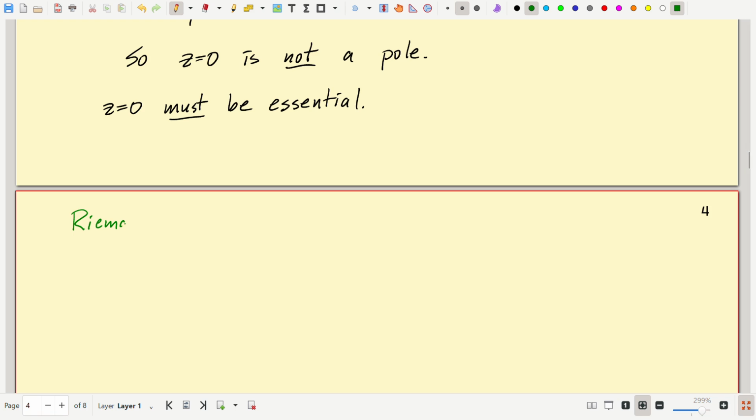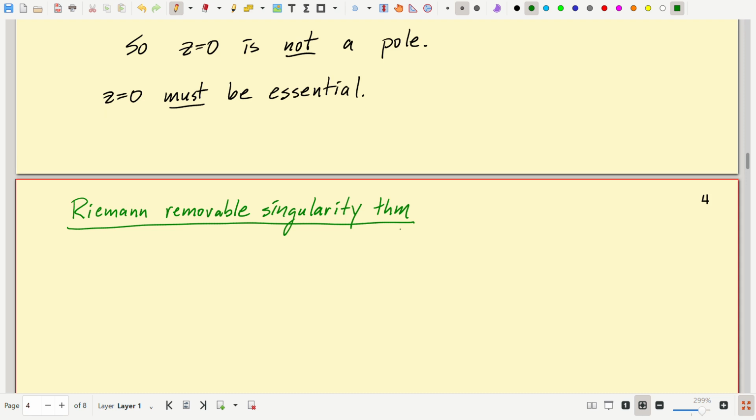Like I alluded to, there's this famous thing called the Riemann removable singularity theorem. It's stronger than just having a limit at the point.